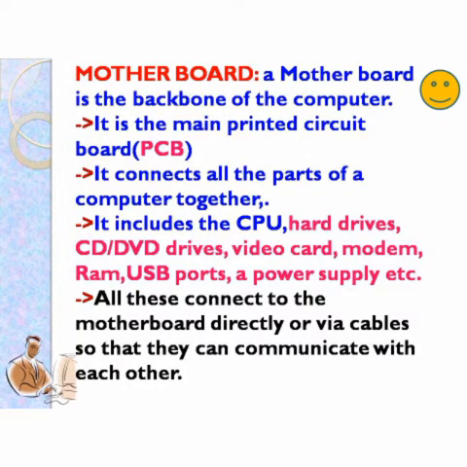First, motherboard. A motherboard is the backbone of the computer. It is the main printed circuit board. In short, it is PCB. It connects all the ports of a computer together. It includes the CPU, hard drives, CD, DVD drives, video card, modem, RAM, USB ports, a power supply, etc. All these connect to the motherboard directly or via cables so that they can communicate with each other.